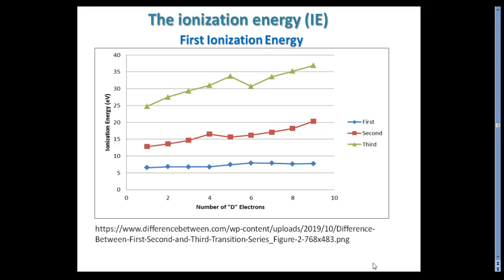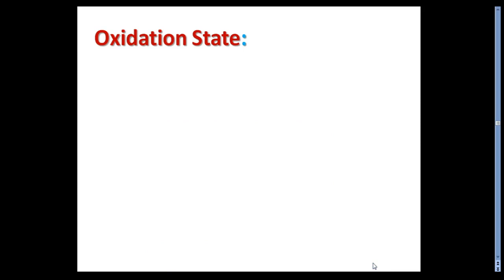Now let's see the oxidation states of the transition elements. This is another important part of the transition elements, and in it we can see some interesting facts. As far as oxidation state is concerned, the transition elements are known for their multiple oxidation states.